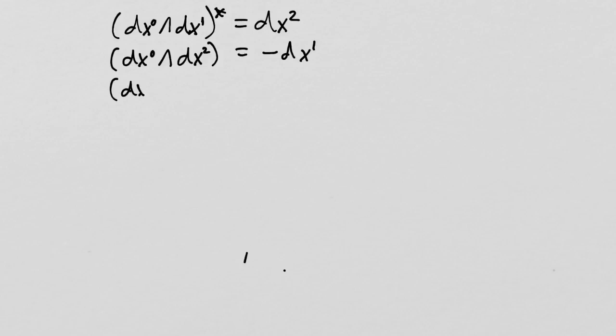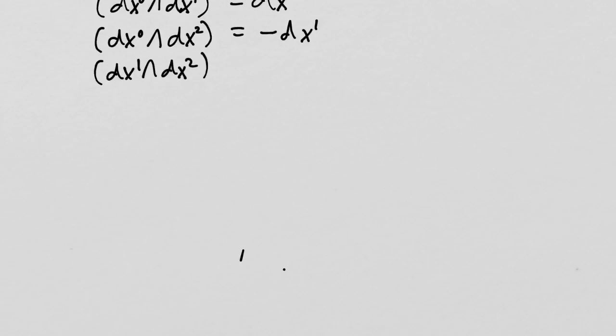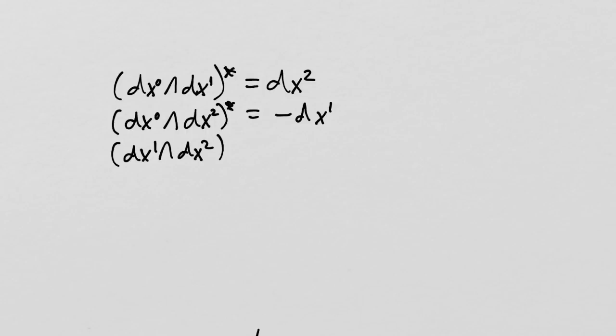And then dx1 wedge dx2, oops, sorry, Hodge dual is going to equal dx0. I'm just trying to run this through in my head real quick because you have to flip one. I got to make sure. I know we had to flip one here. This is going to be dx0 without a flip.